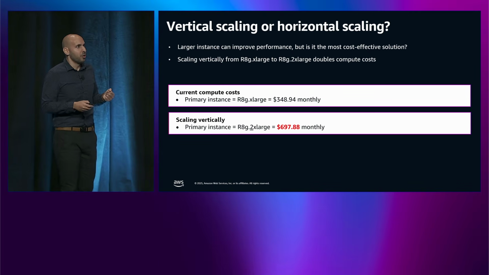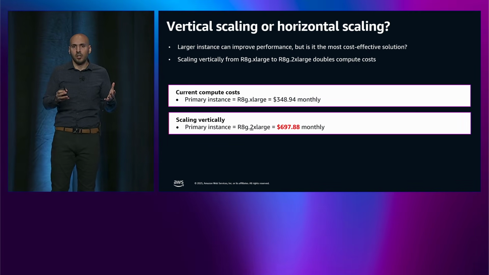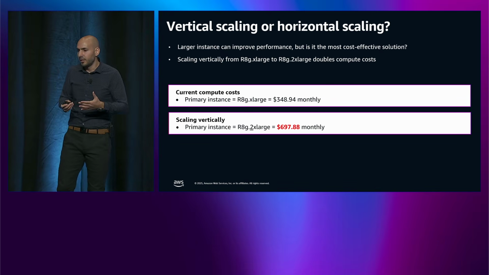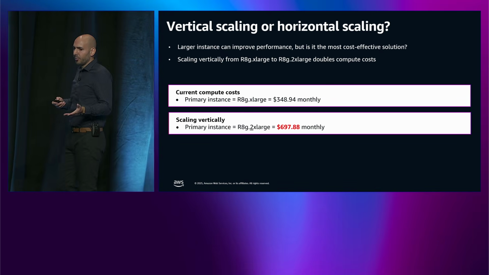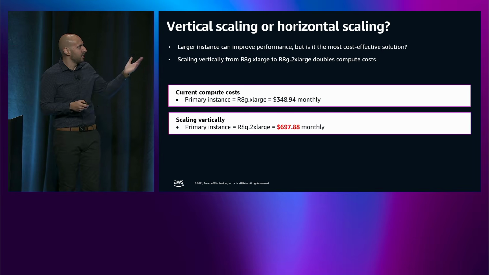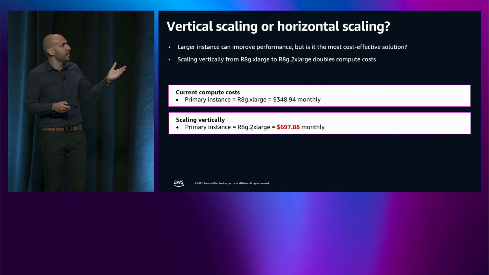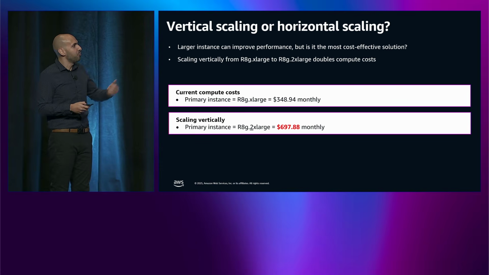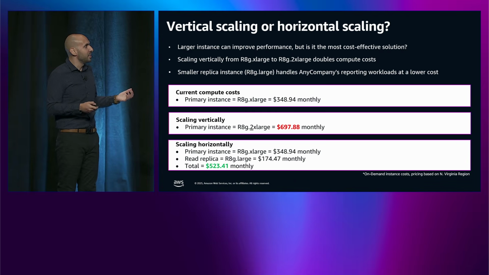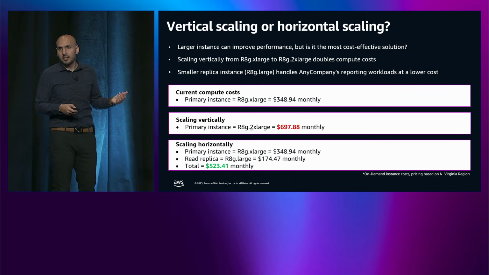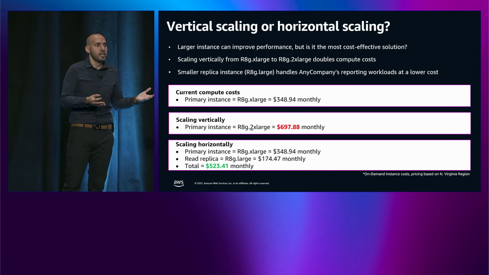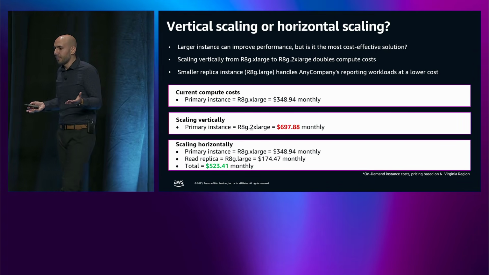So you may wonder about the cost differences. What are the differences between vertical scaling and horizontal scaling? So let's assume that we did vertical scale, and we moved from R8G extra large to R8G 2 extra large. We will end up doubling the compute cost. Instead, with read replicas, we have more flexibility. We can create up to 15 read replicas, each one in a different size.